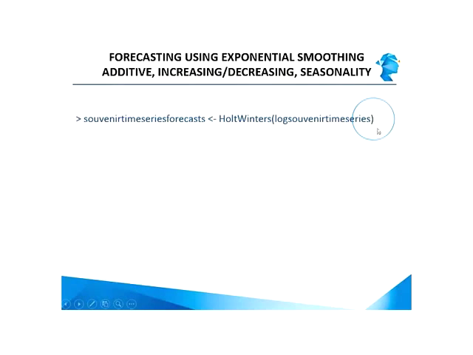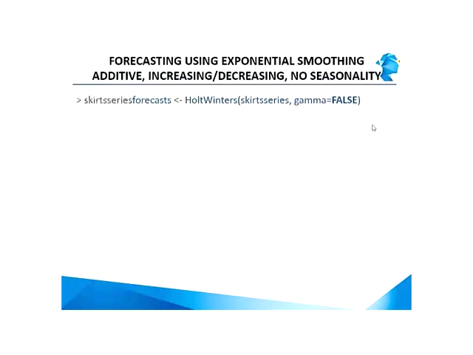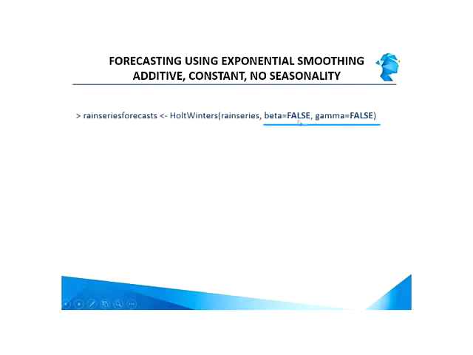Do you notice something in this call of the function? We have not mentioned anything about alpha, beta or gamma. Why is that? In the previous calls of the Holt-Winters function, in the first scenario, we said beta and gamma equal to false. In the second scenario, we said gamma equal to false. Let's go back to a discussion of the three types of exponential smoothing.